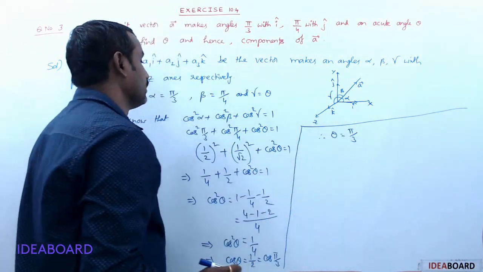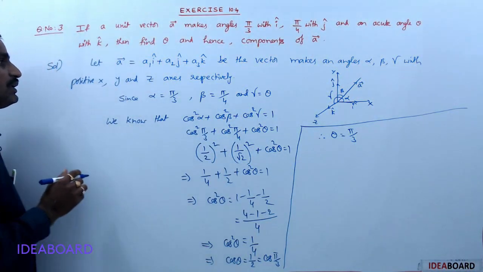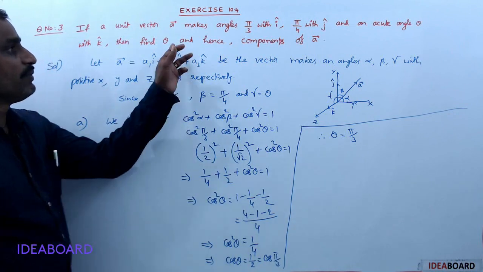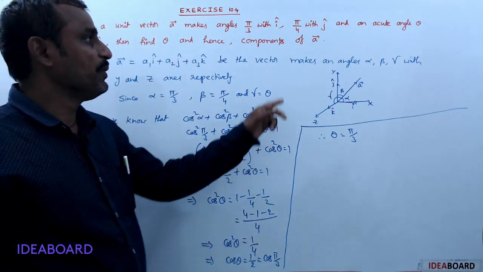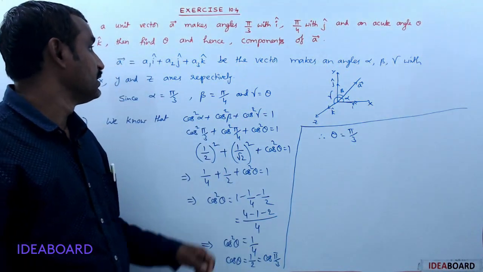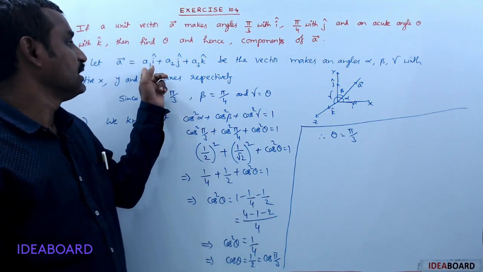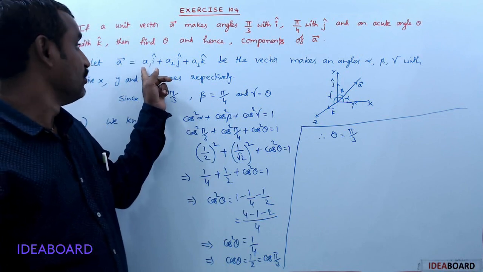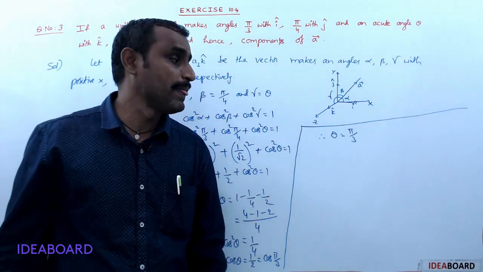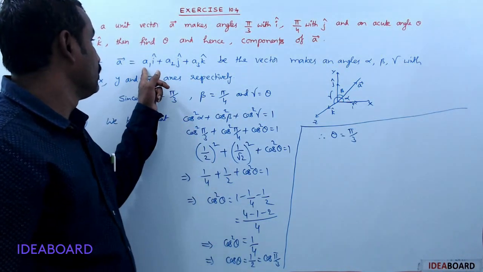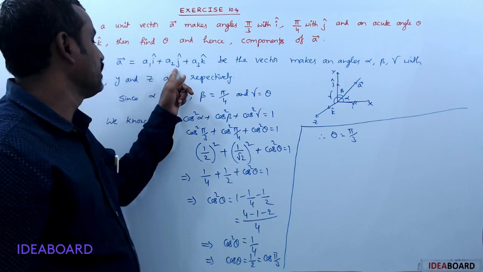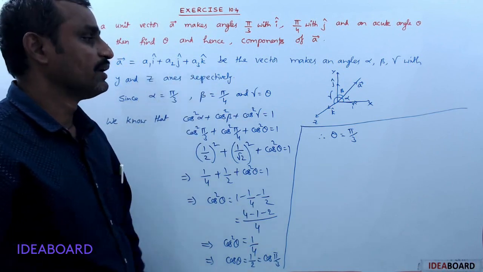So the first part is completed. Now we want to calculate the components of a bar. It is a unit vector, so a bar is equal to cos alpha i cap plus cos beta j cap plus cos gamma k cap.